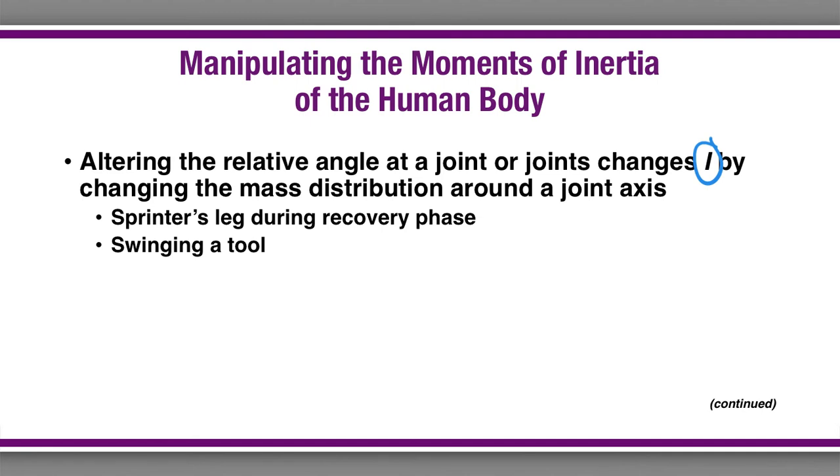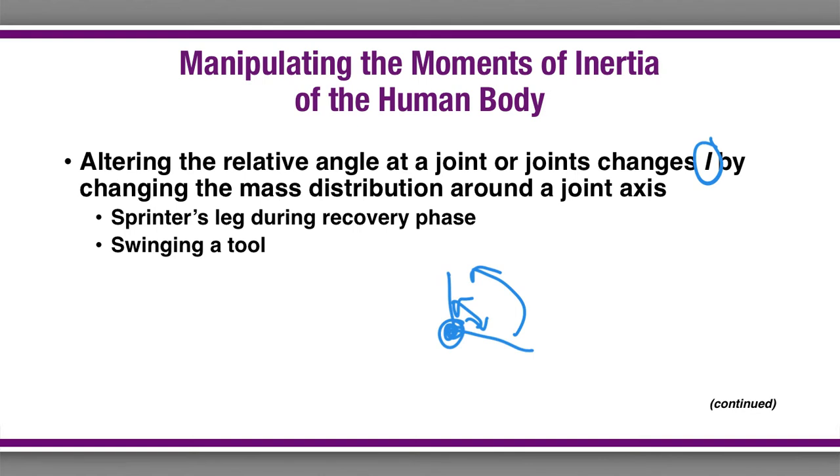So if we change the relative angle at a joint, meaning we change the segment flexion, extension, if this is the elbow, the flexion or extension of the elbow, that is changing the relative angle at a joint. So if we do this through this range of motion, we will alter the mass distribution about a given joint axis here, which will change the moment of inertia of that particular joint.